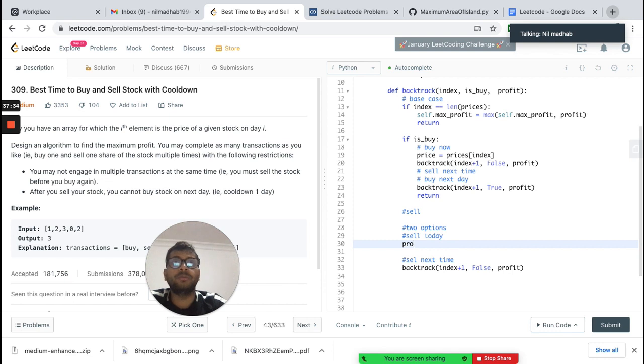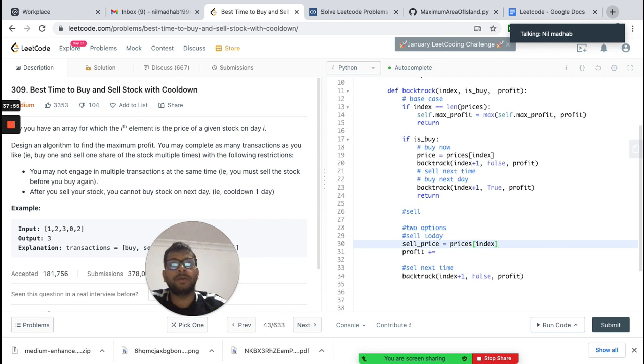But if I sell today, I make some profit. So profit will be plus equal to the sell price, which will be prices at index, today's price, because we are selling today.